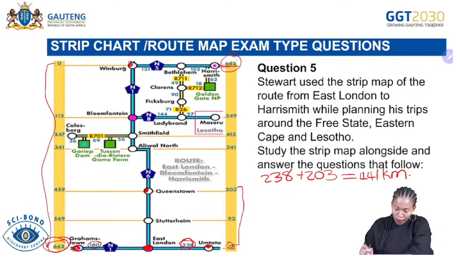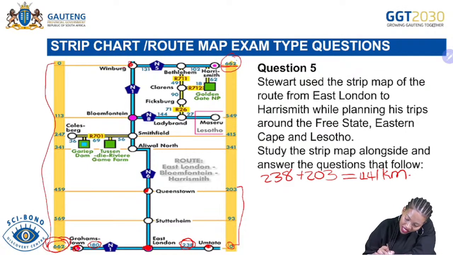Let's go to the top up part of the map. Guys, if I wanted the distance from Maseru to Ladybrand, the distance is 27 kilometers. Let's say I want the distance from Maseru here to Bethlehem. How will I travel from Maseru to Bethlehem? It's going to be from Maseru to Ladybrand, 27. Plus, from Ladybrand to Ficksburg, it is 71.